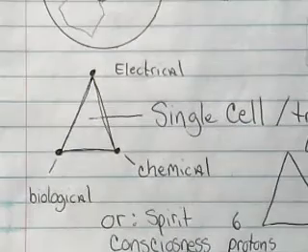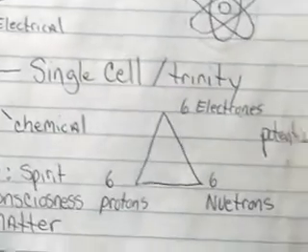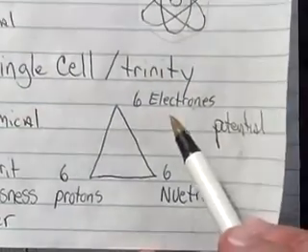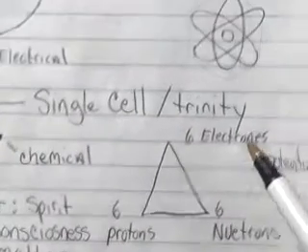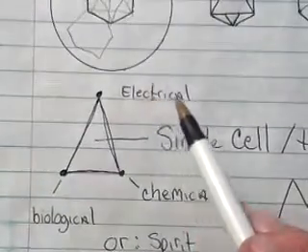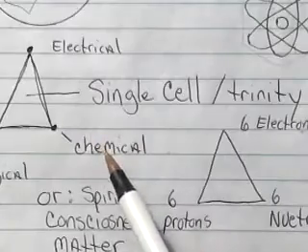Now, this singular cell trinity will further break down into the atomic structure of an atom. And you're going to find out that it's identical. Electrons, neutrons, and protons. Do you notice something? The electrons are the electrical. The neutrons are the chemical.